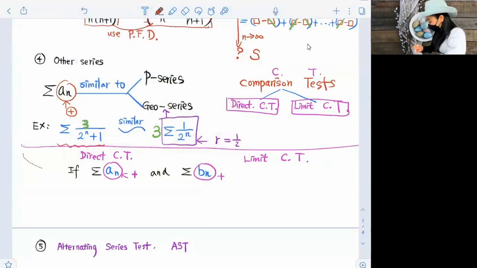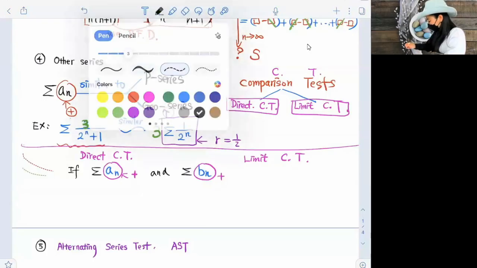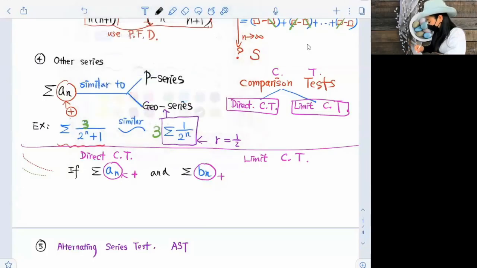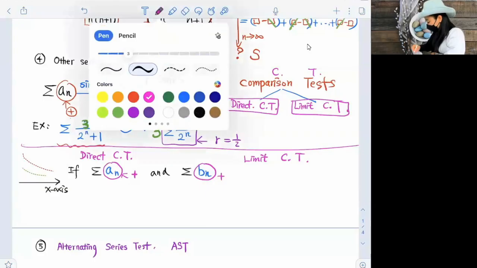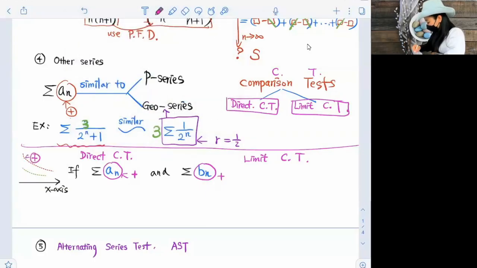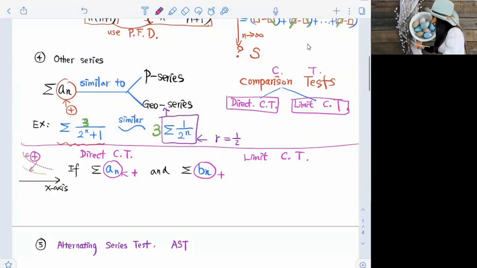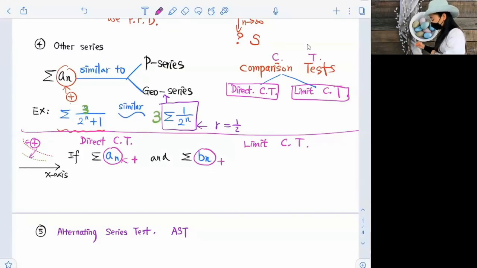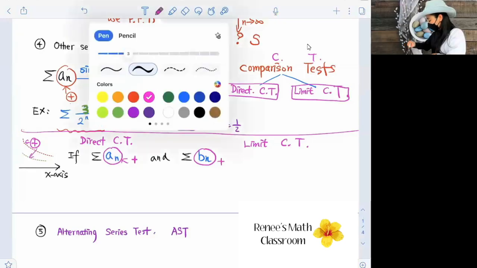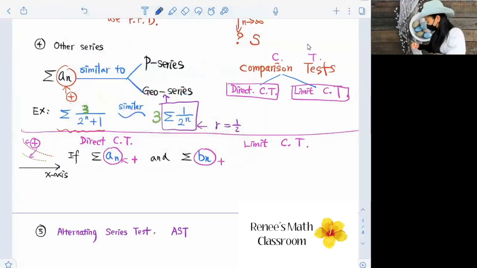So this one here is always above, and the other one is always below, and it has to be above this x-axis. So they have to be both positive in order to use the comparison test.